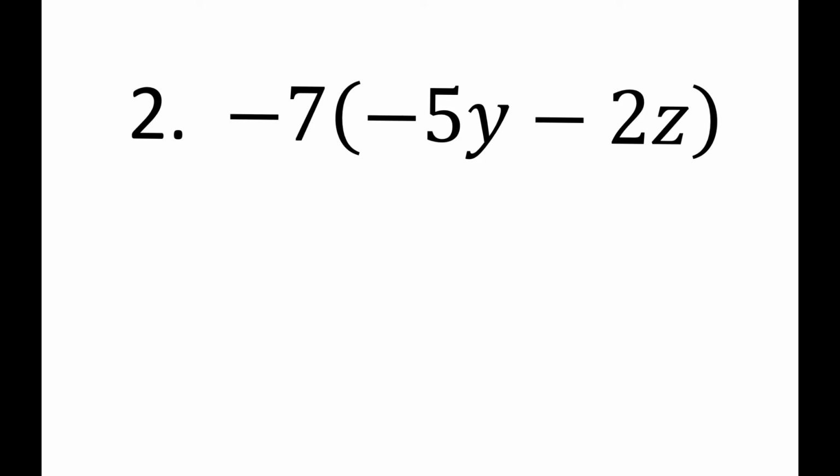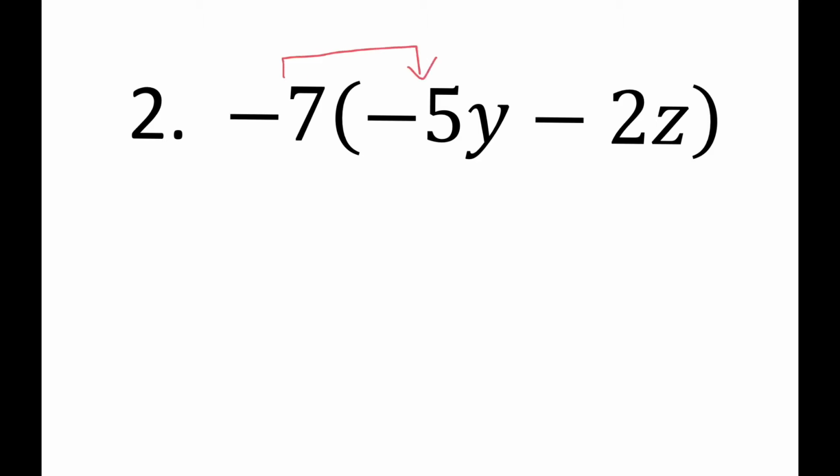For number 2, you do have a negative number outside the parentheses. So we have the negative 7 here, and we have to be careful with the signs because inside of the parentheses, we also have negative terms. And I noticed the variables are not the same, so those are not like terms. We're not going to be able to combine like terms, but we do need to distribute, or multiply, the negative 7 times the negative 5y.